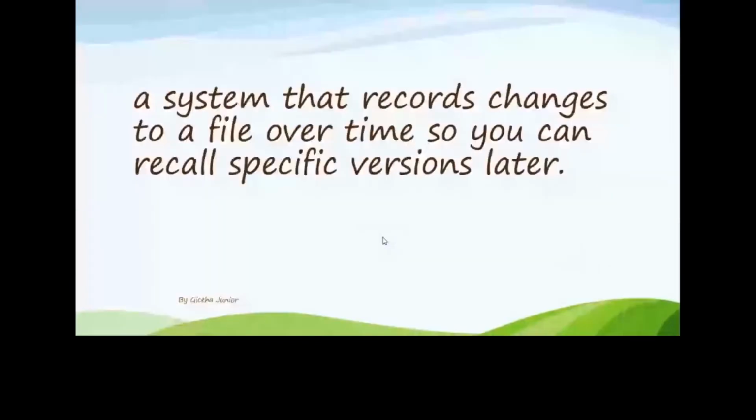So we'll ask ourselves, what is version control? Basically, it's a system that records changes over time, so you can recall specific versions. So you have a system, you have an application, you've developed it on your machine, and you say, okay, I have to change this feature, I have to change this stuff here and there in your files.